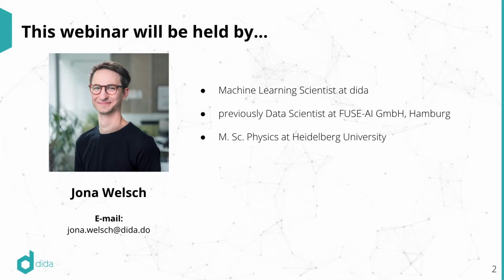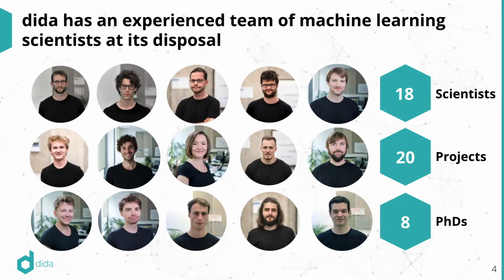Before we start with the webinar, I would like to introduce DIDA a little bit to you. DIDA has an experienced team of machine learning scientists, and we implement machine learning projects in multiple areas.